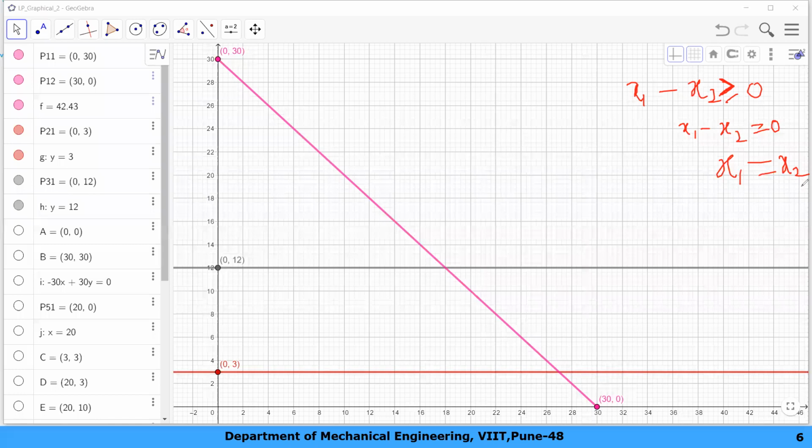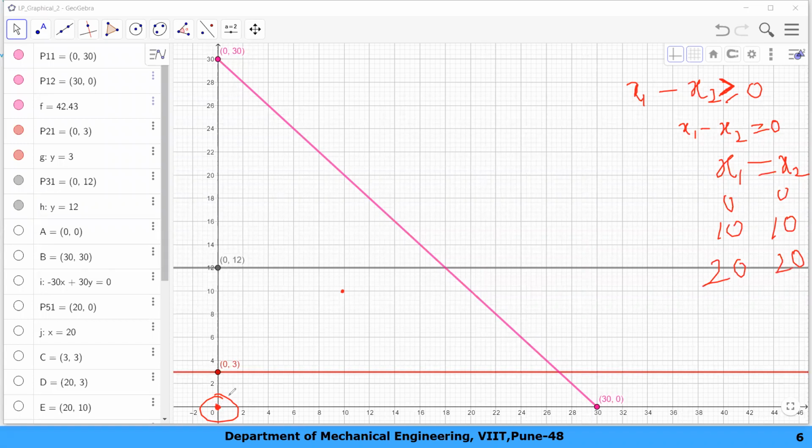So a line representing this equation: if x1 is 0 then x2 should be 0. That means your first point is the origin, see here. Then if x1 is 10, x2 should also be 10, right? So this point. Another, if x1 is 20, x2 should also be 20, same.